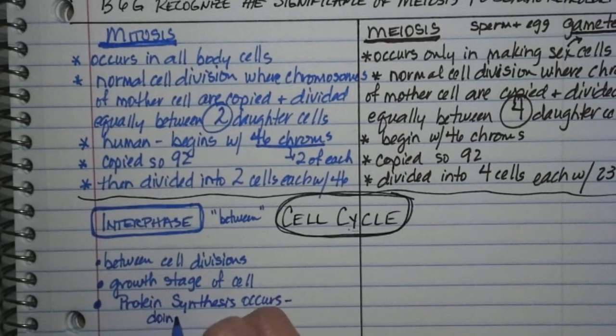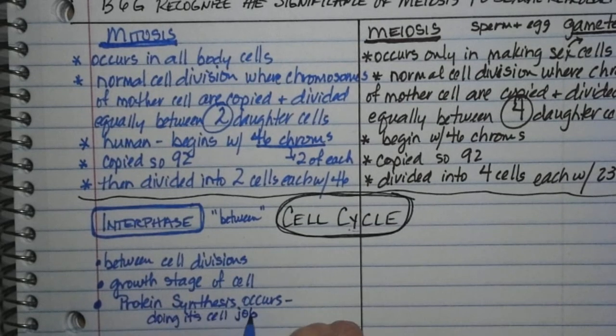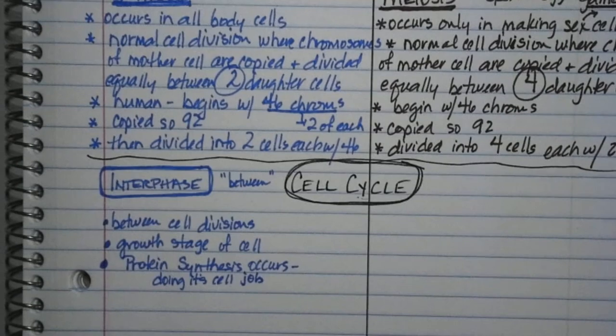If it's a bone cell, it's making calcium phosphate. If it's a muscle cell, it's making actin and myosin proteins. If it's an epithelial cell, it's filling up with melanin and keratin and things like that. If it's a pancreas cell, it's either making insulin or glucagon. If it's a pituitary cell, it's making a lot of stuff, but growth hormone might be one of those. So it's doing its job. That's what it's doing when it's in interphase.